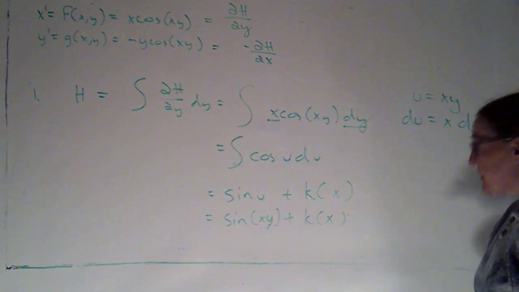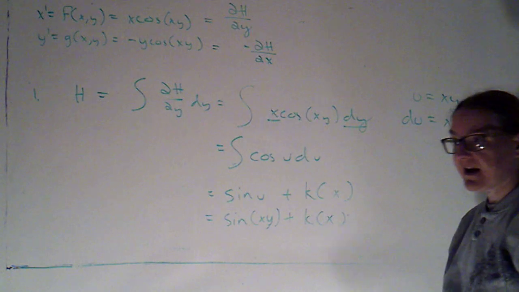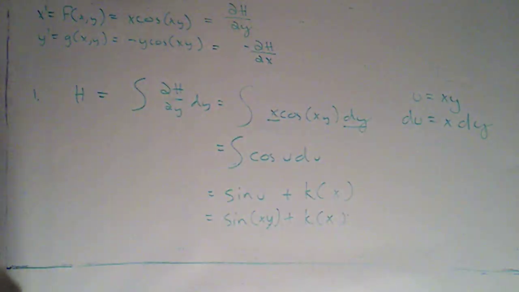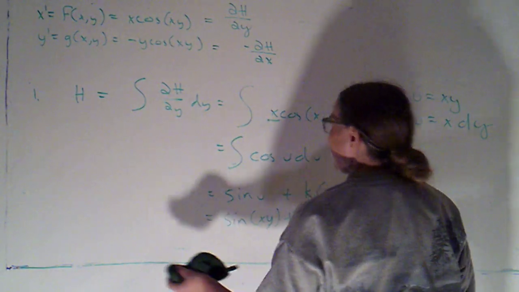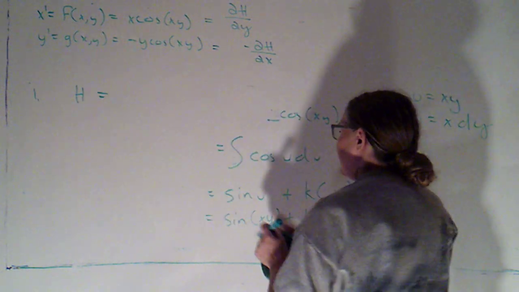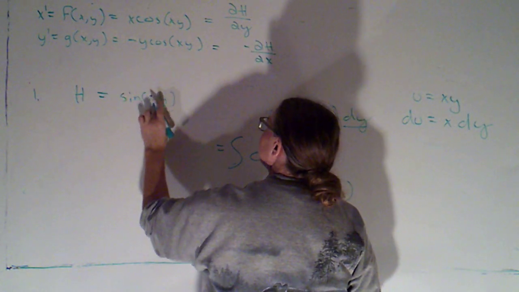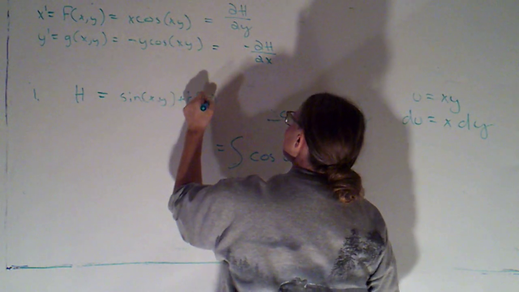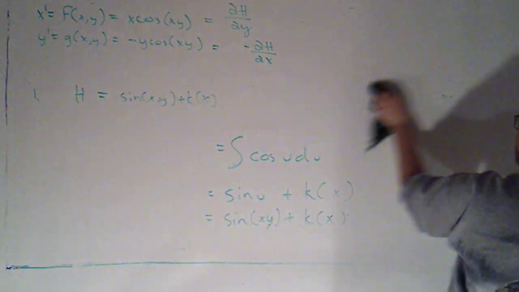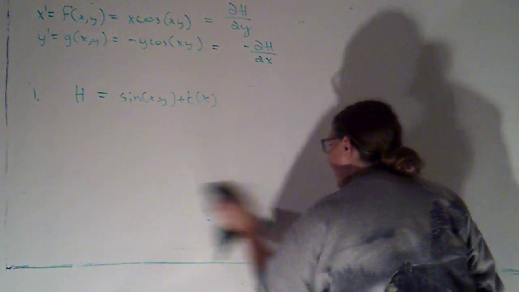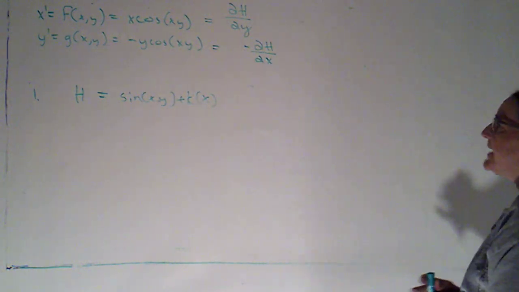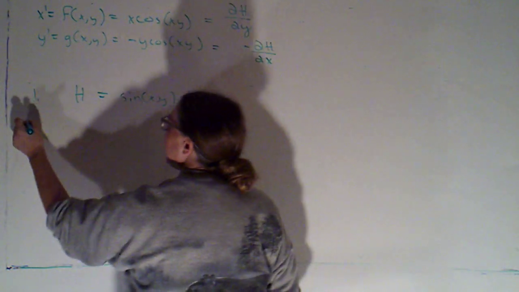Okay. So from step one, I've got that h is sine of xy plus k of x. Okay. Step two, I just got that by integrating with respect to y. Let's do some stuff with respect to x.